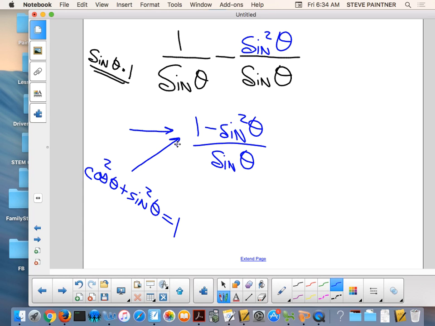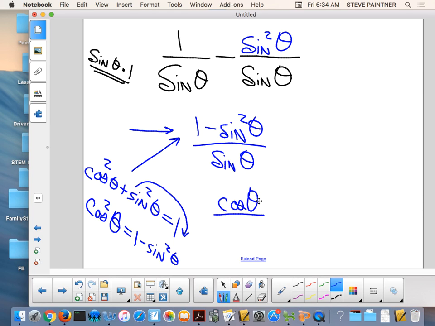Well, you would just take the sine and move it over here with the 1. So it would be cosine squared equals 1 minus sine squared. Okay, so that means the top is what? Cosine squared over sine. No, just sine, sorry, just sine.